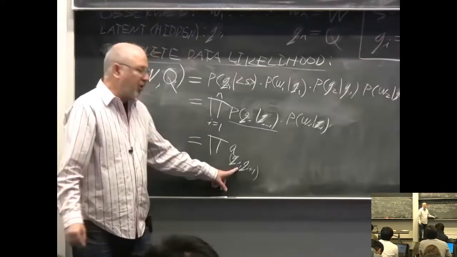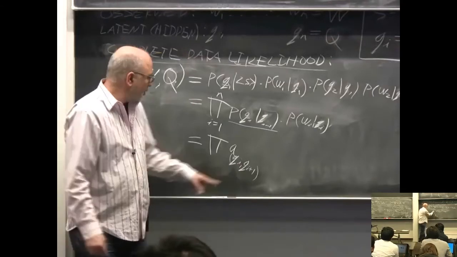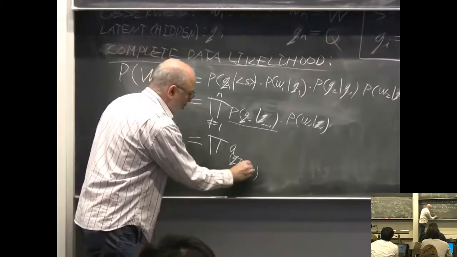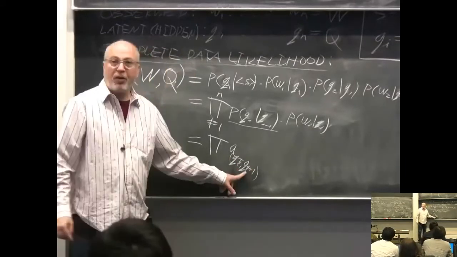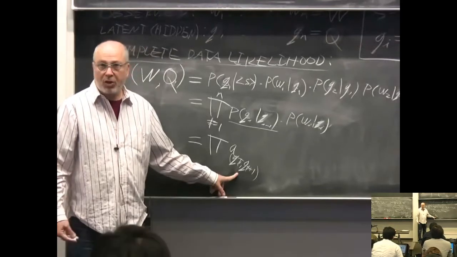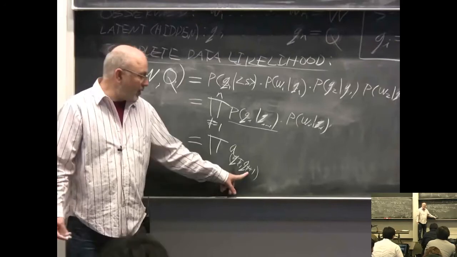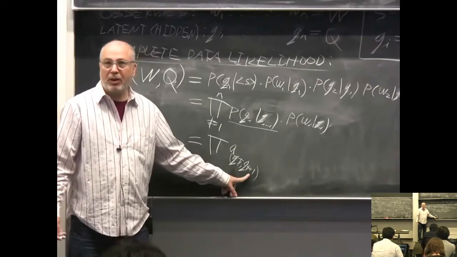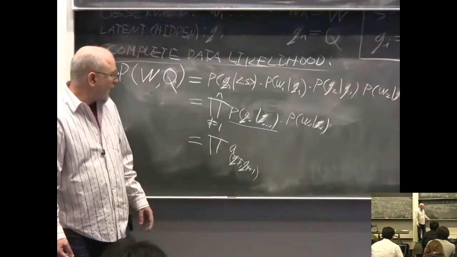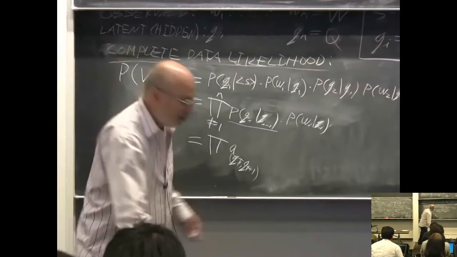So the value of Qt is whatever state we were at time t. The first index of A is Qt, which means the state we are at time t. And the second index is the state we're at time t plus 1. No, it was conditioned here on t minus 1. I have to be careful with the indices.